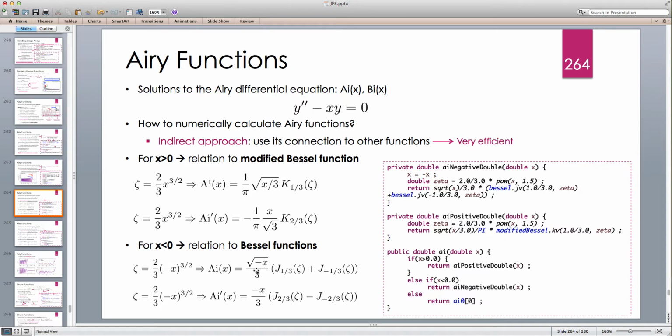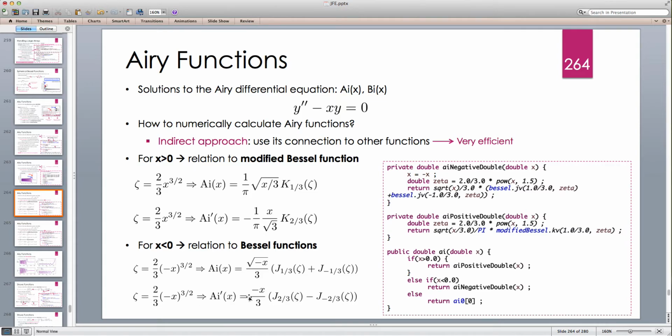The square root of minus x over 3, J of 1/3 of zeta plus J of minus 1/3 of zeta. And remember that for a non-integer index of the Bessel function, J nu and J minus nu are linearly independent, so the sum of the two is not 0 or anything. These two are not related to each other.